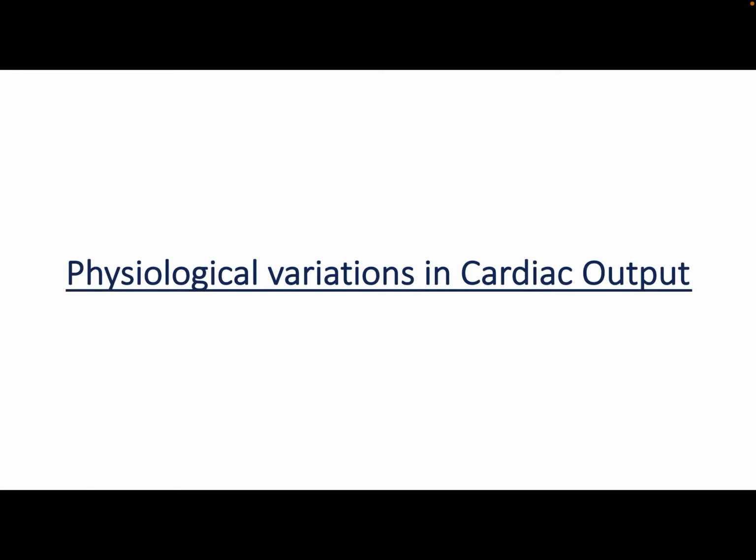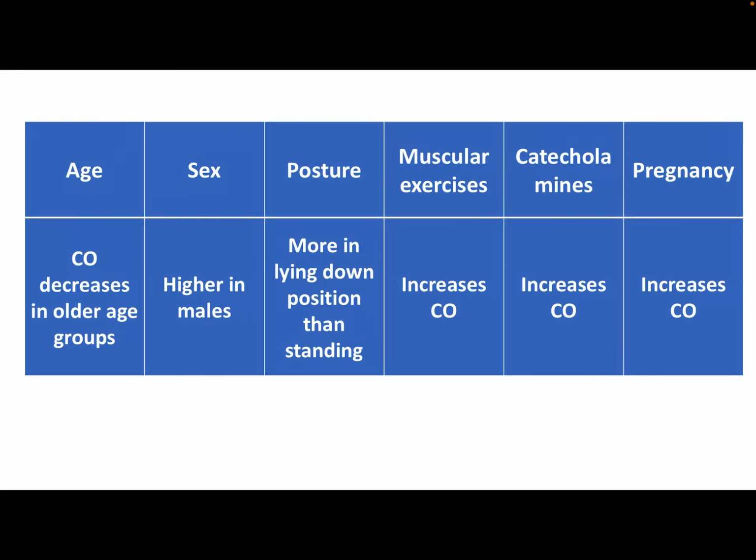Now we will see physiological variations in cardiac output. The first variation is the age. In younger age groups, the cardiac output is more, and in older age groups, the cardiac output is less. Why is this less in older age groups? The reason is decrease in the stroke volume and decrease in the heart rate.